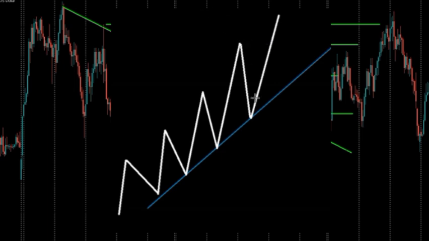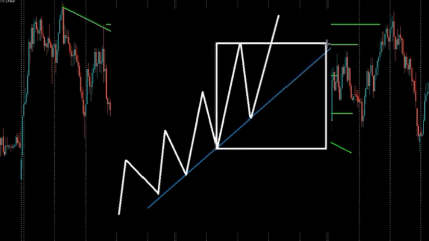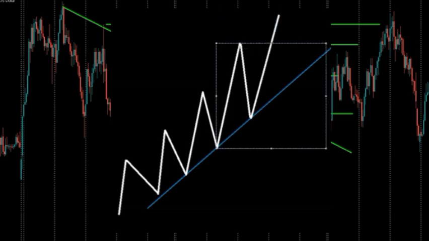This trading range is used to determine the discount and the premium.